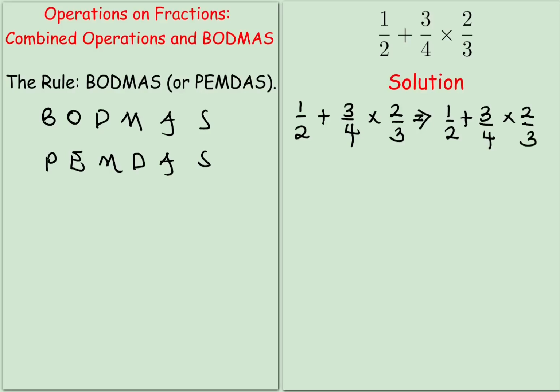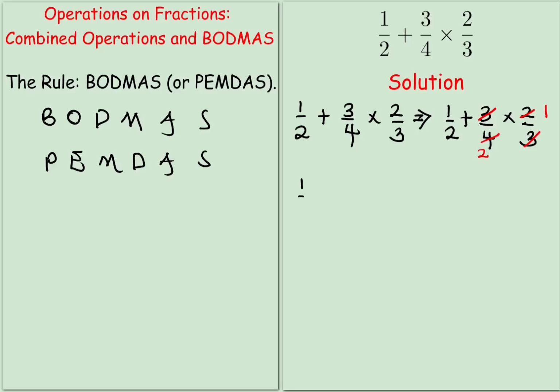We know when we want to multiply, we can do our cancellations. So this 3 cancels out this 3, and 2 divides itself once, and it divides 4 how many times? Twice. In the end, we still have our 1 over 2.